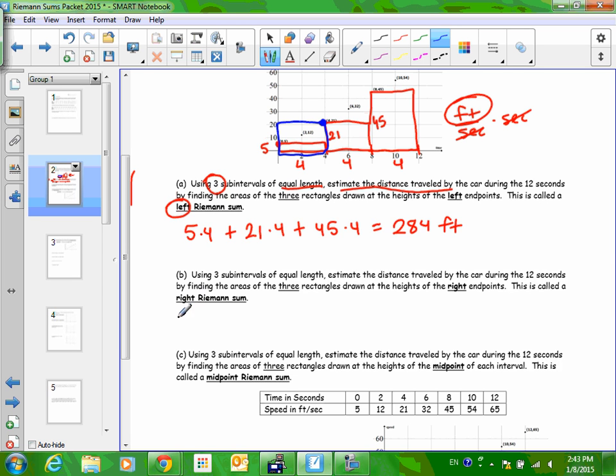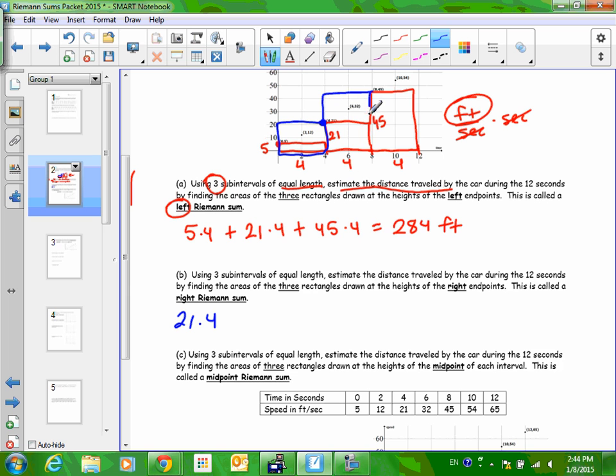So the first one would be 21 times 4. That first rectangle is 21 by 4. What about the middle rectangle? How high should that one be? 32. So 32 would be in the middle. Then 45.